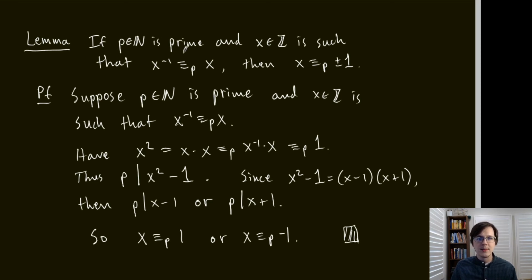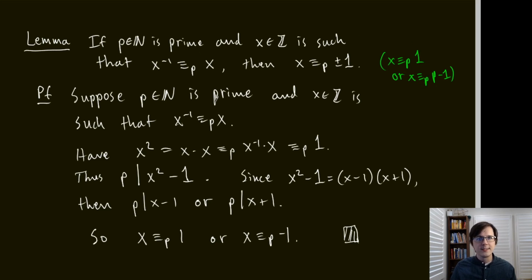If p is prime and x is an integer such that its inverse is itself mod p, then the conclusion is that x had to have been plus or minus 1 mod p. In other words, x is congruent to 1 or x is congruent to p minus 1, just to relate it back to factorial for that second one.